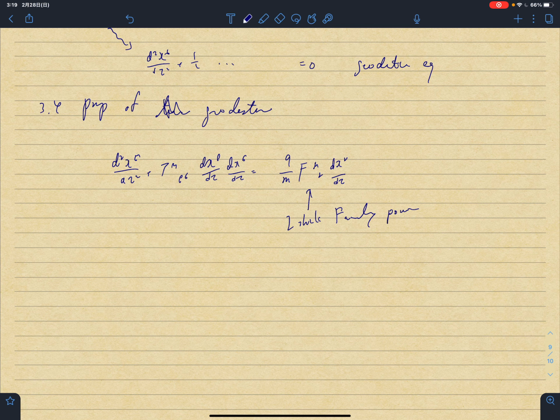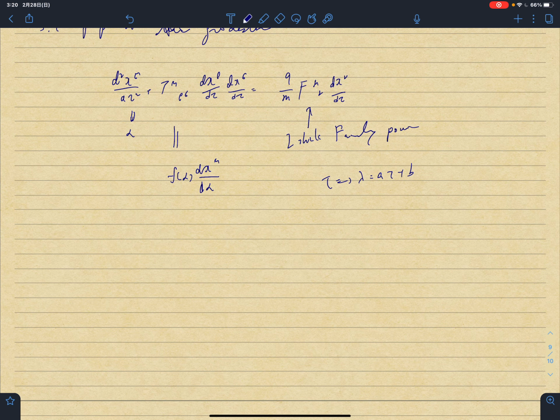Okay, so it's f alpha dx mu d alpha. We rename tau as the new parameterization alpha, because tau equals lambda plus a tau plus b, where f alpha is related to the affine parameter by f alpha is d alpha over d lambda.